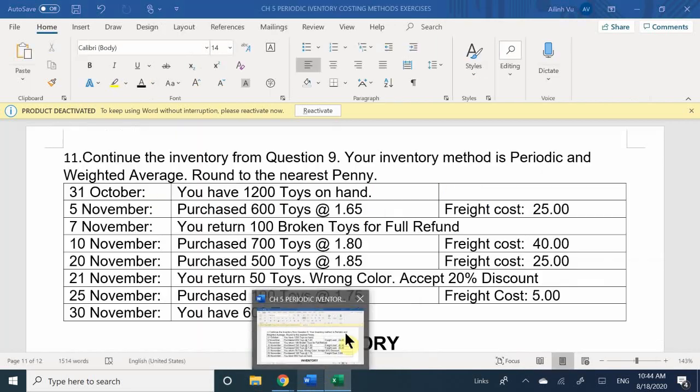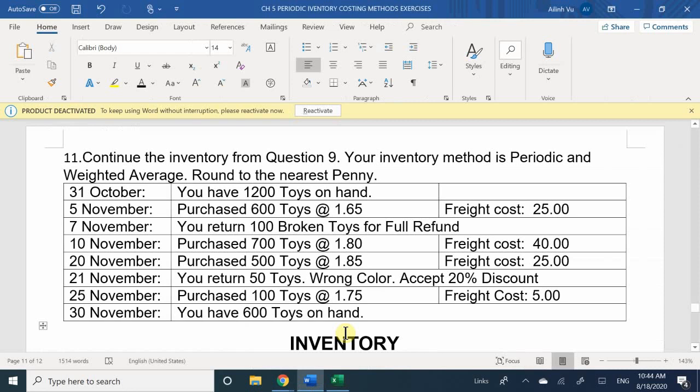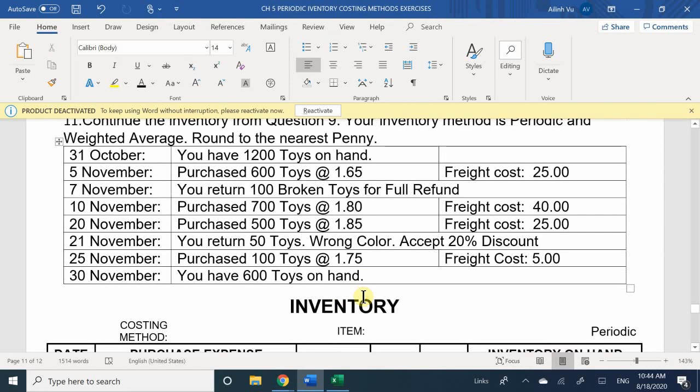So what happened next? We purchased 500 toys on November 20th, right? We just put in the 700 at 1.80. Okay, so we purchased 500 toys at 1.85.